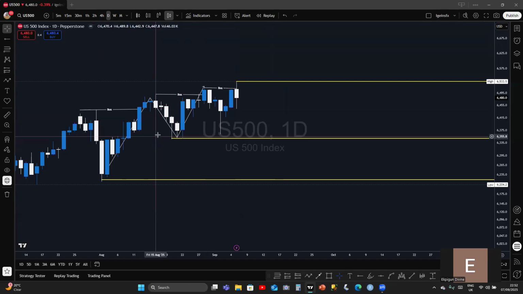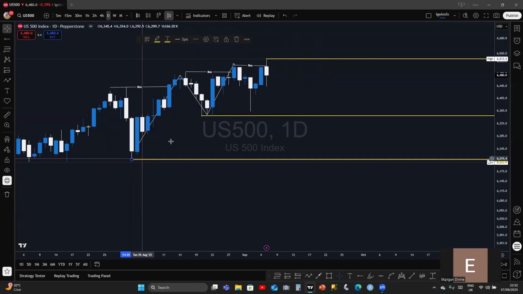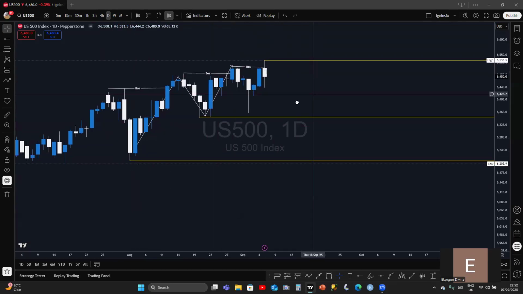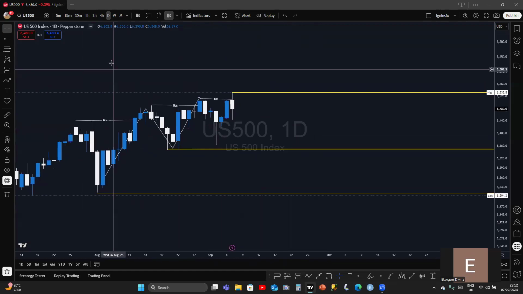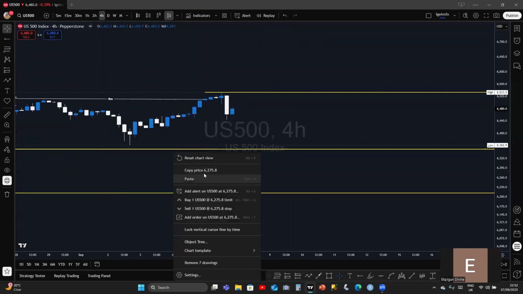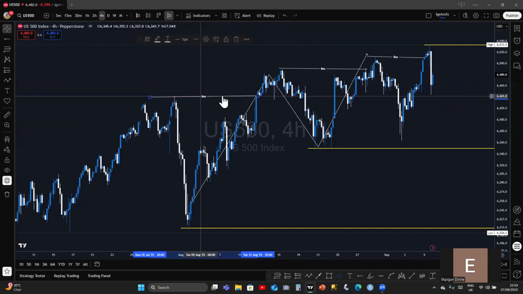Now that we have done this and we have marked our support level, our break of structure, the highest price, what we need to mark now is, we need to scale down to 4 hours. Then we need to adjust all these things.